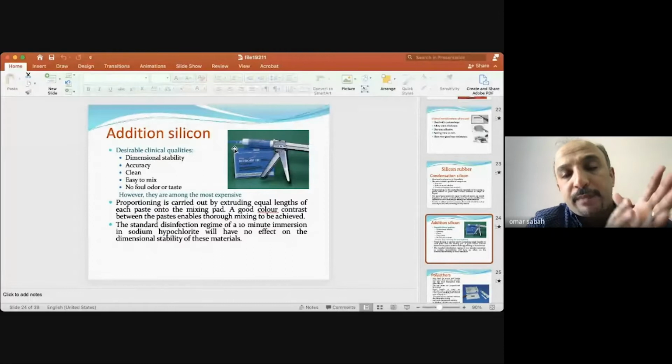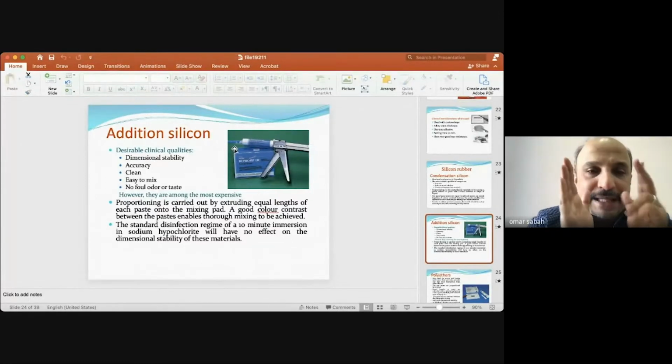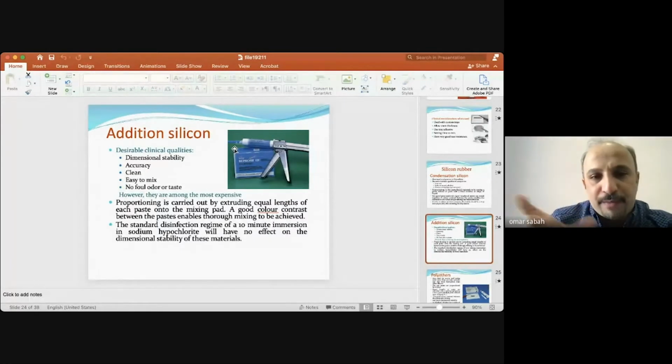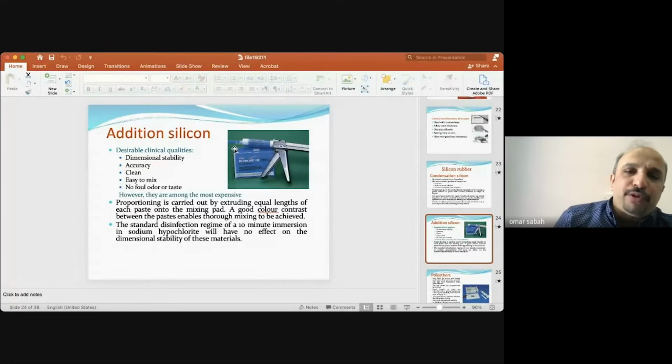Due to the times of use for 2, 3, 4, 5 patients, you have a large amount that you lose through these tubes. This way, maybe you can decrease your cost, okay?